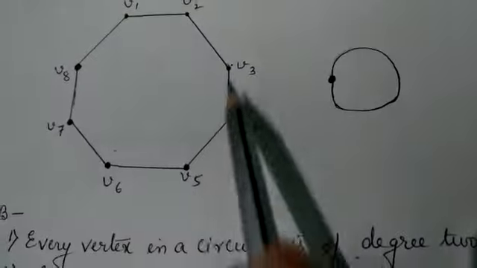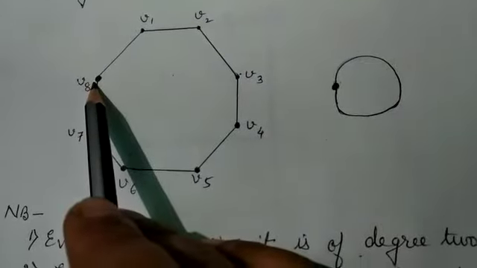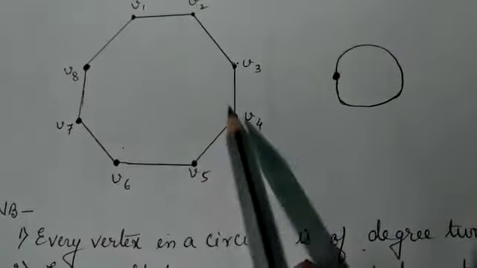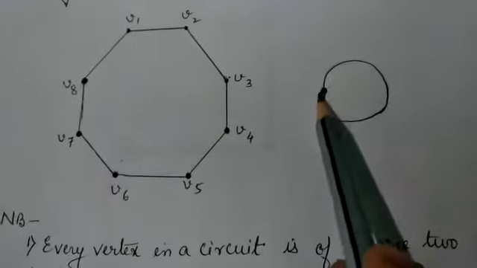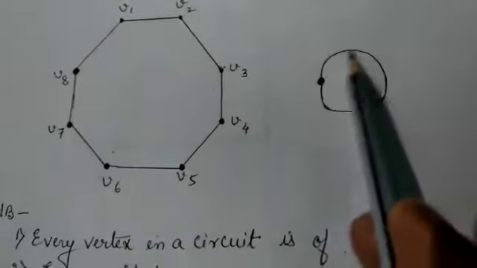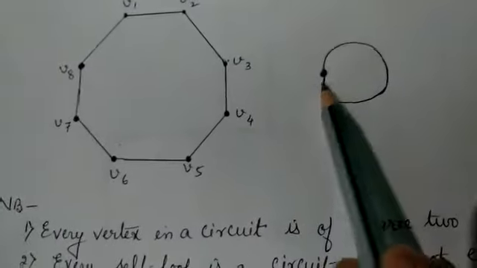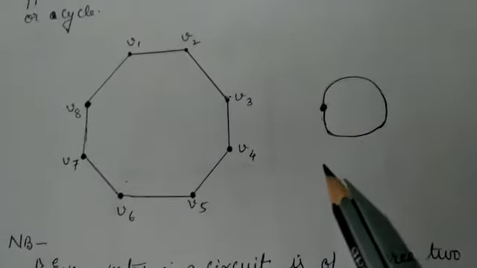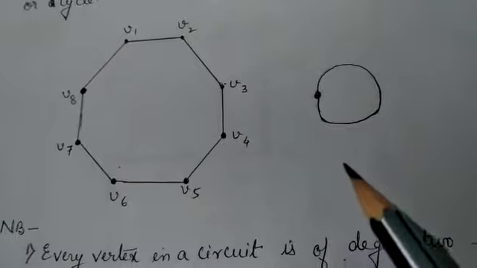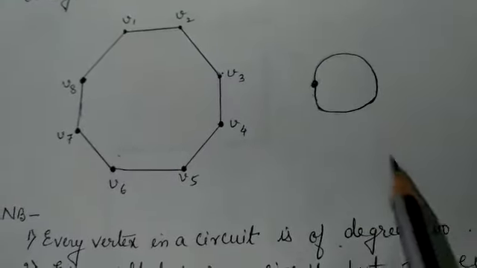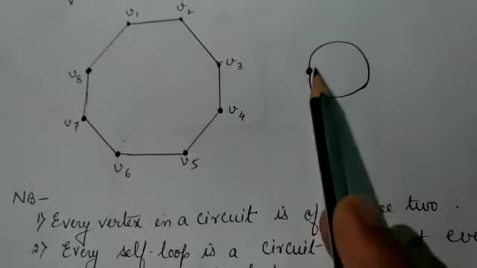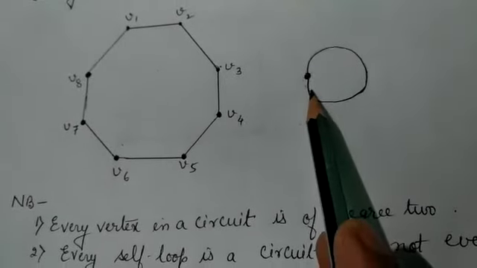So here you can see a graph having 8 vertices. This is an example of a circuit, and here we have a loop. This is also an example of a circuit. So we can say that every vertex in a circuit is of degree 2, and every self loop is a circuit.